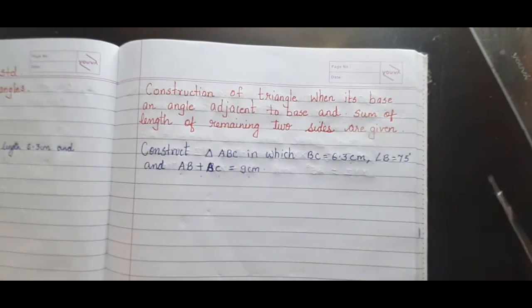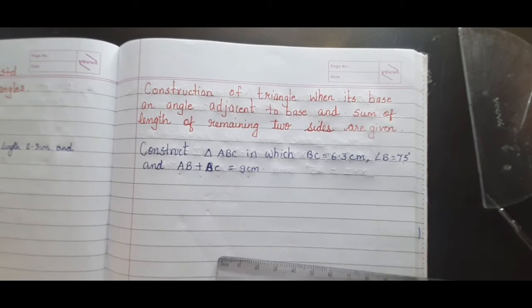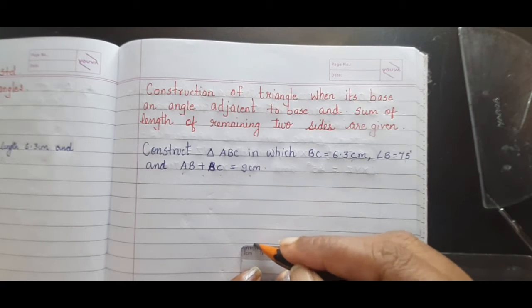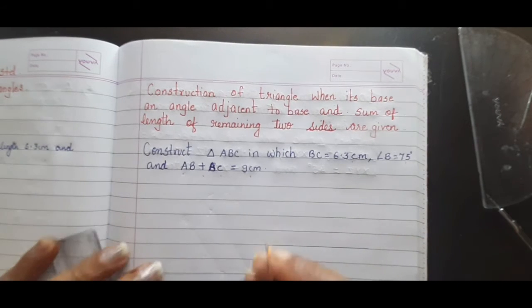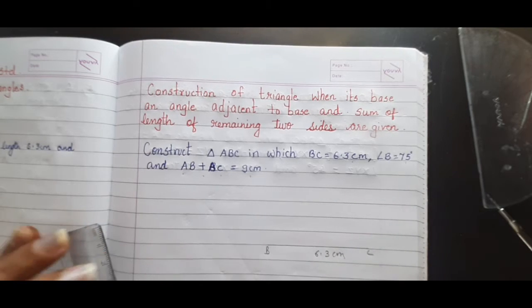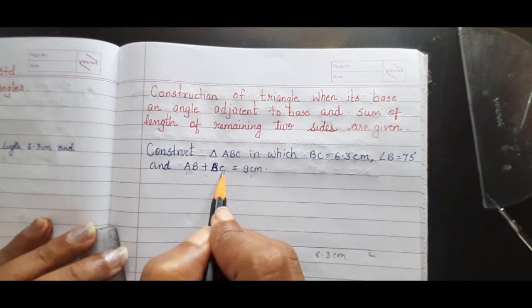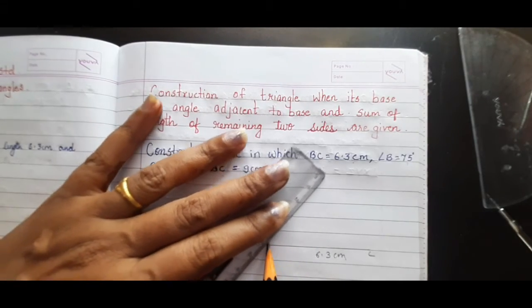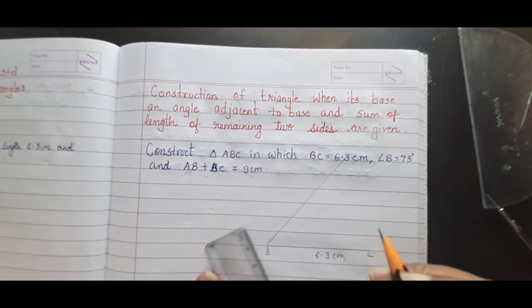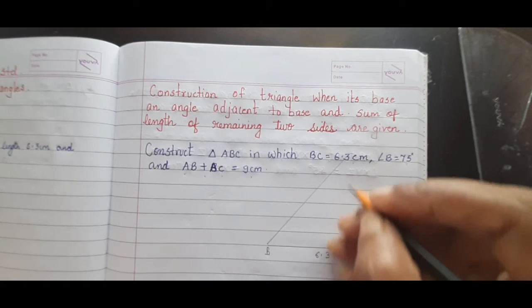For this we are going to draw first rough figure. So what is given is BC is given to us. Okay. BC, this is 6.3 centimeter. Then AB plus AC is given to us. So AB plus AC, we will consider it as AD, and that we will plot. Okay. Somewhat like this we are going to get.